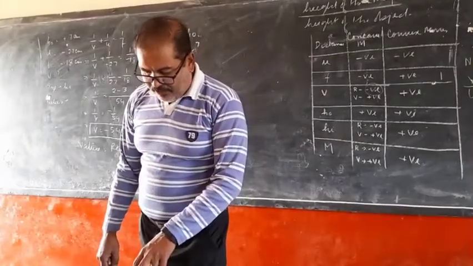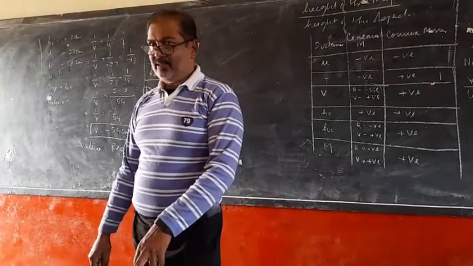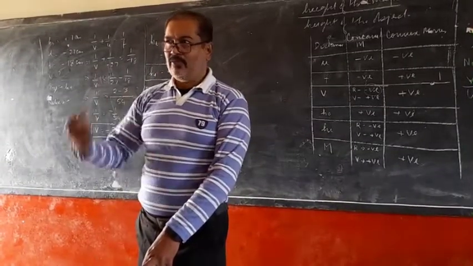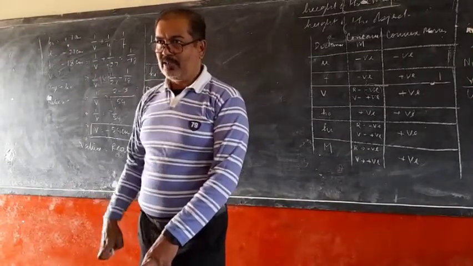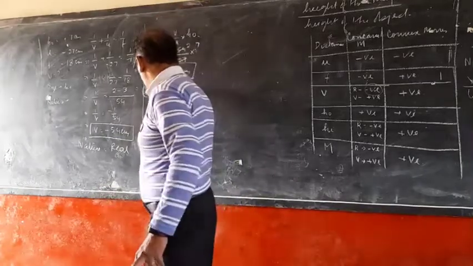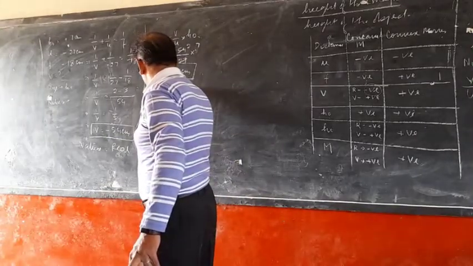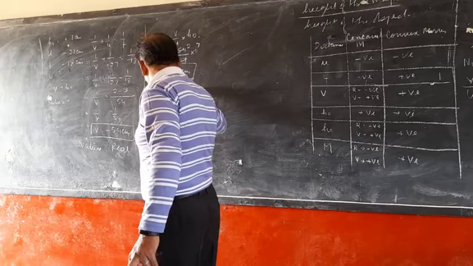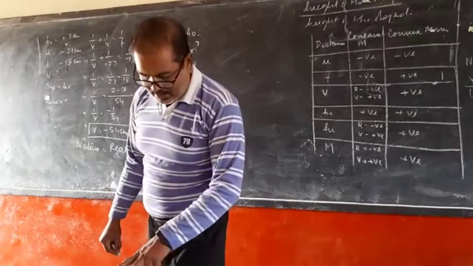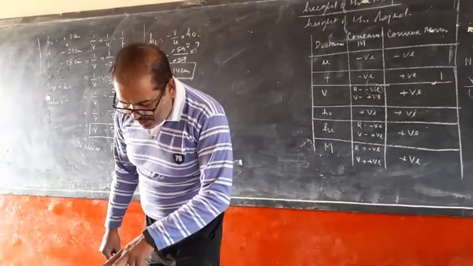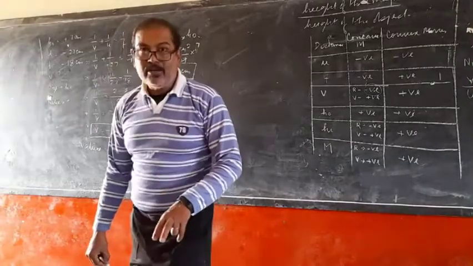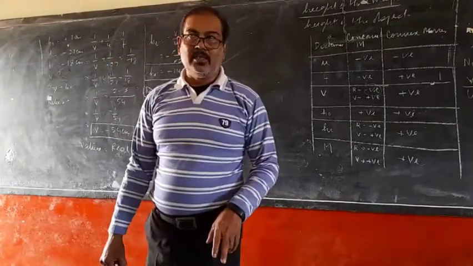An object 5 centimeter in length. Anyone? What is the 5 centimeter? Height of object. Height of object is always positive. 5 centimeter. At a distance of 20 centimeter in front of a convex mirror.